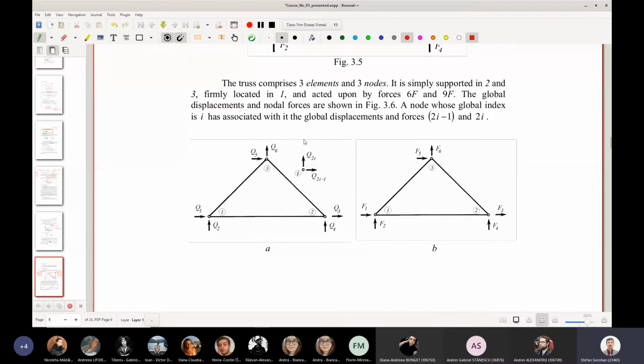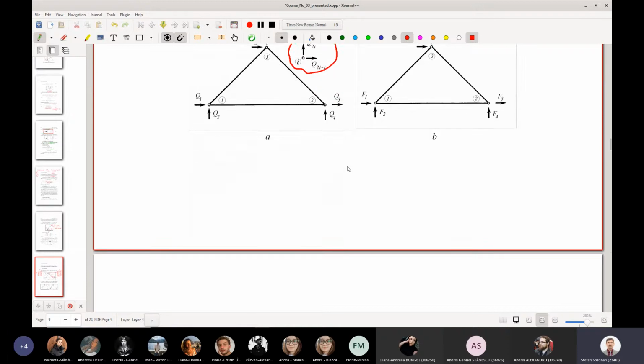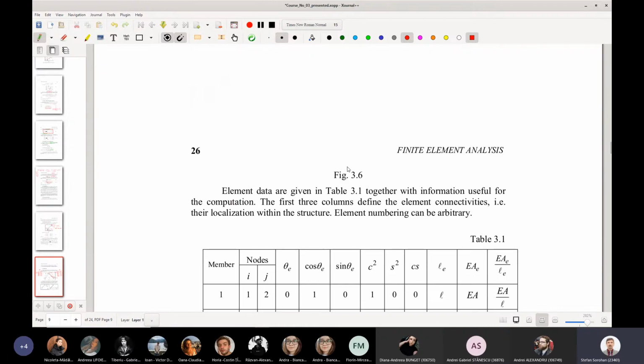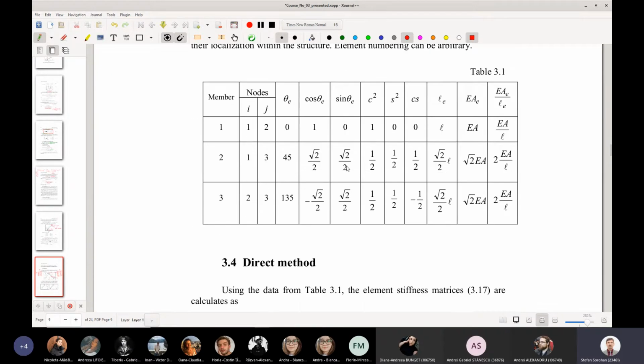If you want, generally, we can define a rule for the indices, 1, 2, 3, 4, and so on, to obtain a general notation, because sometimes in implementation you need something like that. After that, what do we need to obtain?